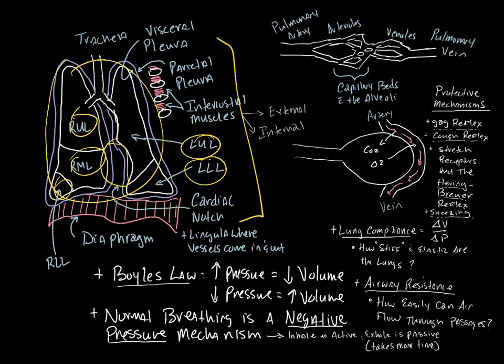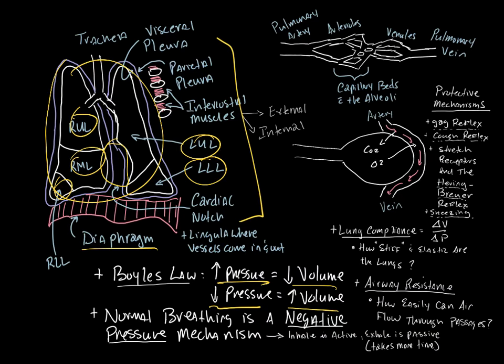The major muscle of breathing is the diaphragm, which is inferior to the lungs. In fact, the diaphragm is what separates the thoracic cavity from the abdominal cavity. And we know when the diaphragm contracts, it drops down and decreases the pressure within the thoracic cavity, which causes the volume to increase. When we inhale, that's an active process, so it tends to happen very quickly.